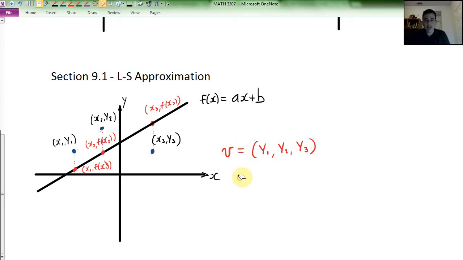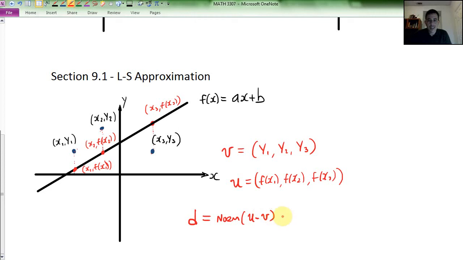Here's another vector, u, that is these y values on the line. So this would be f of x1, f of x2, f of x3. And then we simply calculate the distance. The distance would be the norm of u minus v. So it will be something like this.